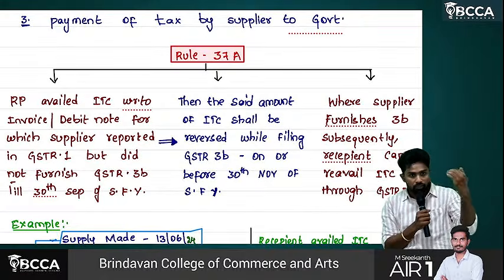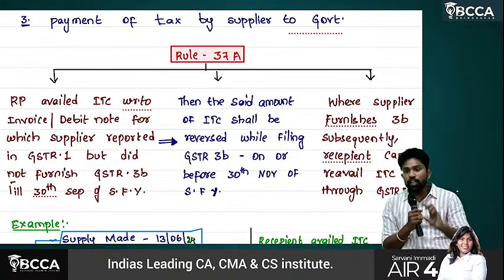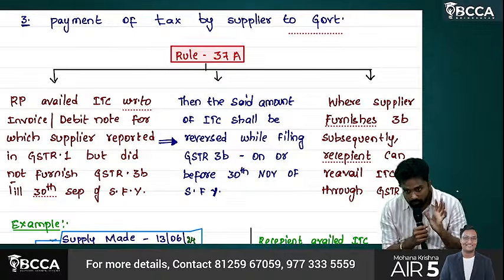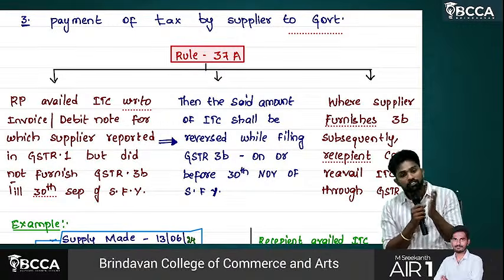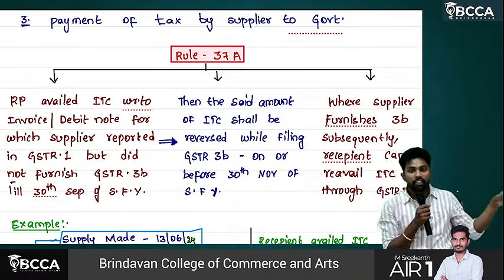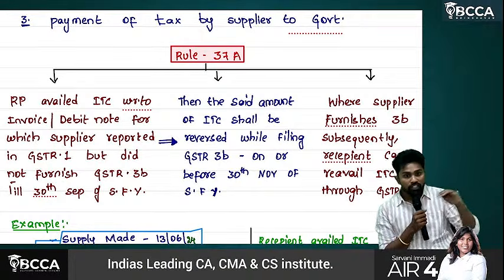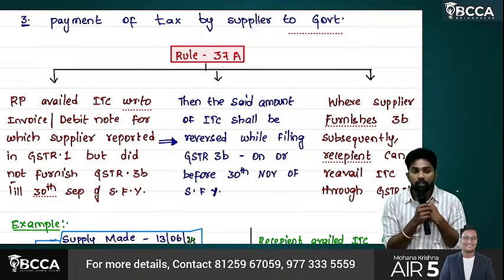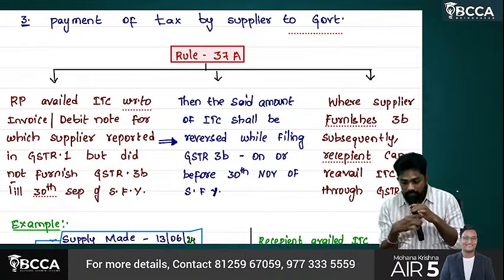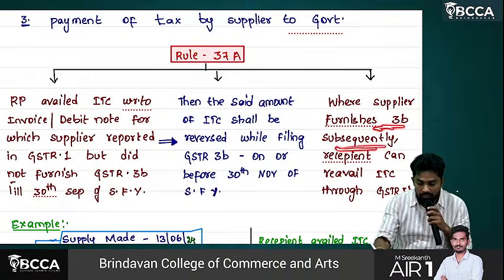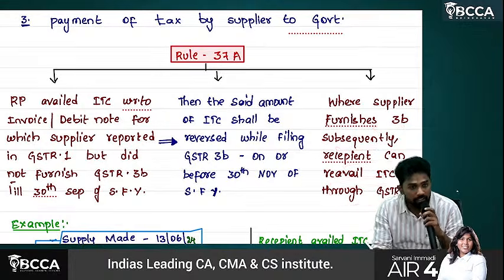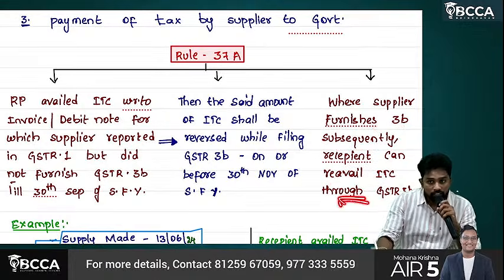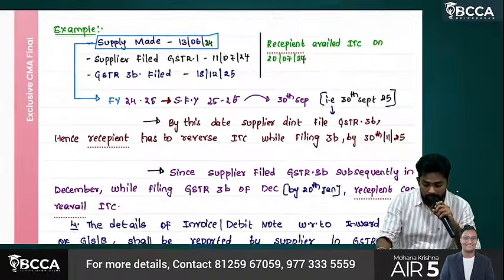Since first I used ITC, to reverse it, again I will pay it as a tax. Okay, now after November, the supplier filed 3B and paid taxes. Now the default is corrected, right? Now again I can what? Re-avail ITC. See, where the supplier furnishes 3B subsequently, the recipient also can re-avail ITC through GSTR 3B. Okay, then.